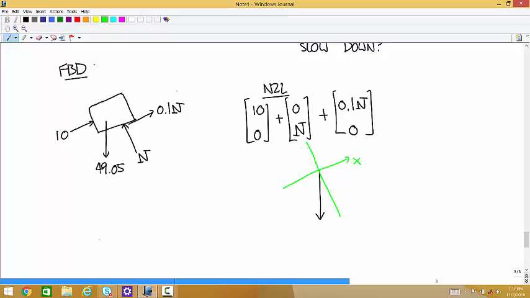So there's the x-axis, there's the y-axis. This angle is 30 degrees, so the angle is 240 or negative 120. The weight force is 49.05 times the cosine of 240 and 49.05 times the sine of 240.